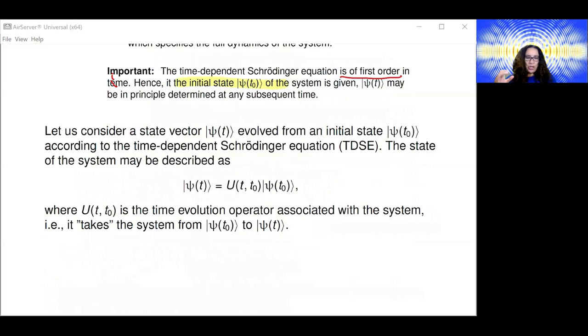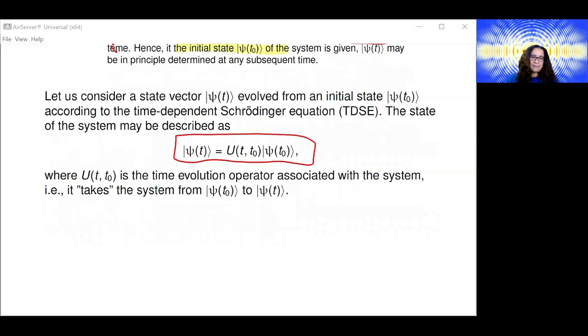So you want to take the system from a state psi t naught to a state psi t. And we can do this in this way here. And what we use here is U, which looks quite mysterious for those who are not familiar with it. And normally this is not a formulation you see in the graduate course. This is what we call the time evolution operator associated with the system. So you're taking a system from psi t naught to psi t.